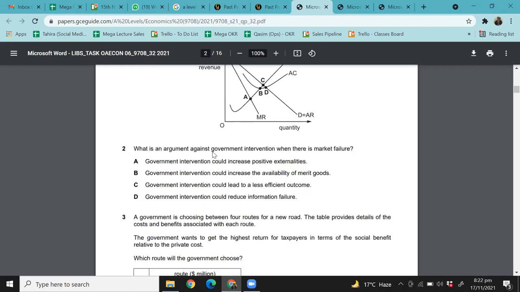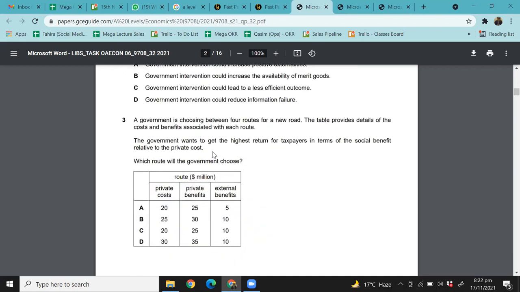A government is choosing between 4 routes for a new road. The table provides details of the cost and benefits associated with each route. The government wants to get the highest return for taxpayers in terms of the social benefit relative to private cost. Which route will the government choose?